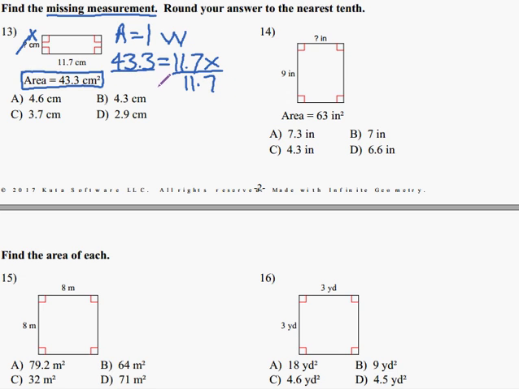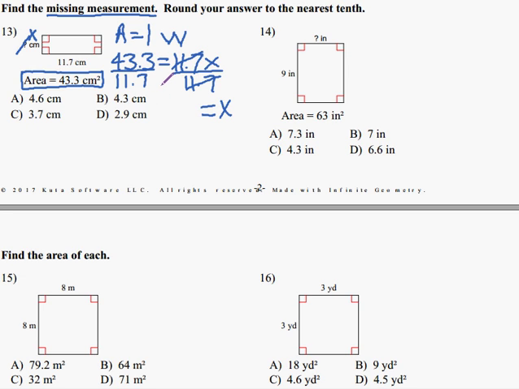To do that, though, I have to divide 43.3 by 11.7. If I divide one side, I have to divide the other. It's the only thing that's fair. These cancel because 11.7 divided by 11.7 is 1. 1x is x. So I say x equals 43.3 divided by 11.7.